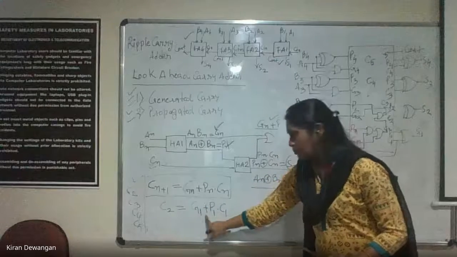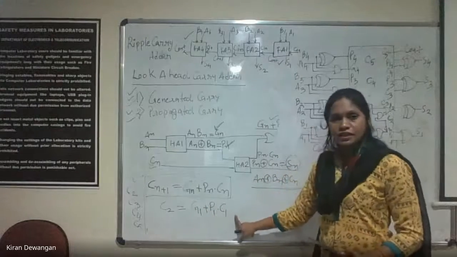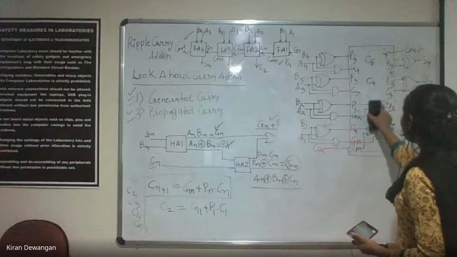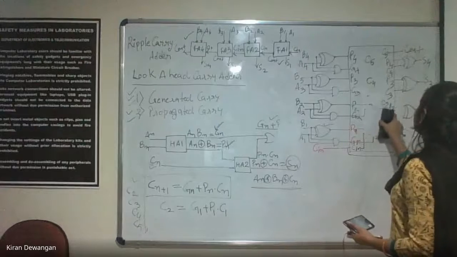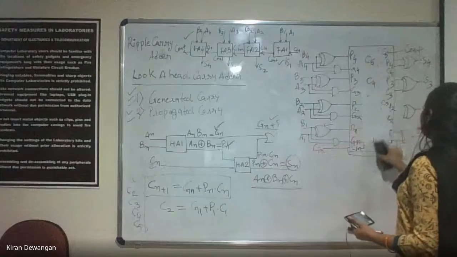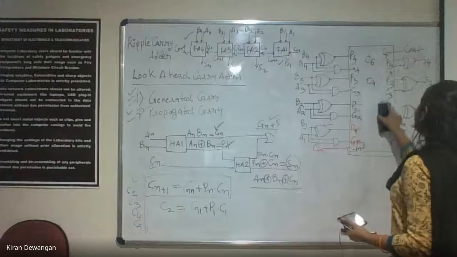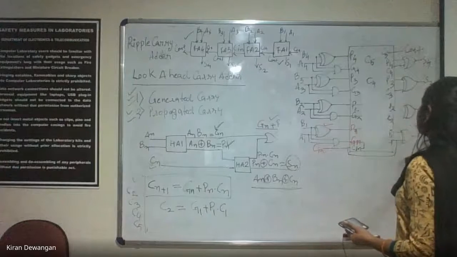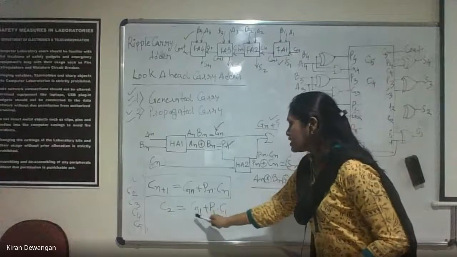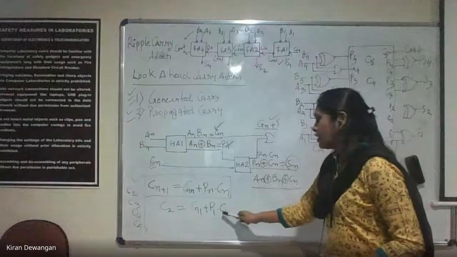G1 plus P1 dot C1. सिर्फ ये फॉर्मूला है. आप ये अंदर का नहीं भी बनाओगे तो भी कोई इशू नहीं है. That is, I just drew it only for your convenience. ये internal calculation होता है. C2 is G1 plus P1 dot C1.